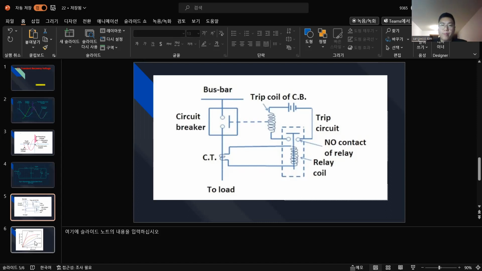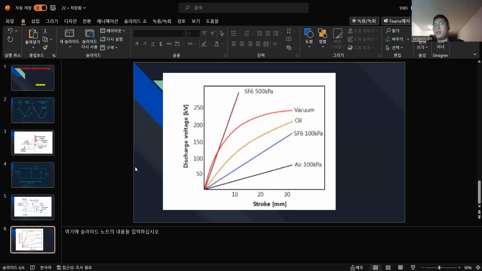And the last thing is, we have a circuit breaker, but we know about the circuit breakers' extinguishing material. There's vacuum, oil, SF6 gas or air, right?